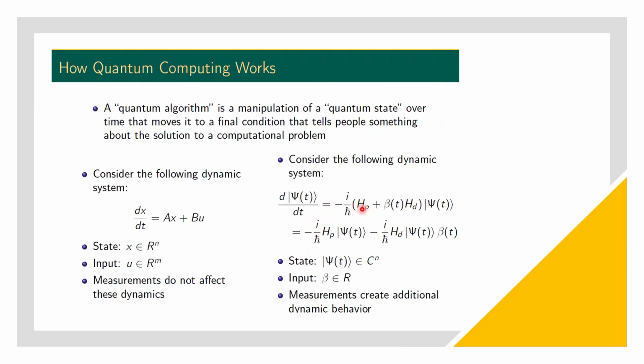But what is more important than exactly where this came from, which is different energy operators for the system, is that you could rewrite this expression in this form. It is not exactly one-to-one against the form on the left-hand side, but it helps you see that I have some operator times the state. So the derivative of the state with time is equal to some operator times the state, which very much resembles this, plus some stuff multiplying an input.